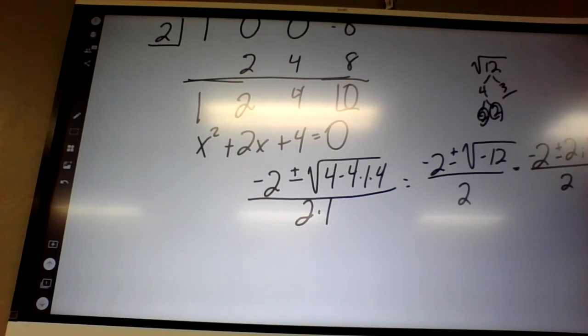Okay, remember, these are both divisible by 2. Remember I also had you separate the imaginaries normally? But they're both divisible by 2 anyway. So negative 2 divided by 2 is negative 1 plus or minus 2i divided by 2 is just i.